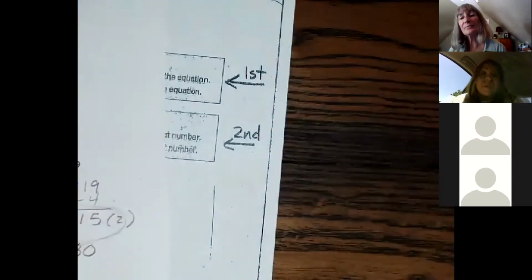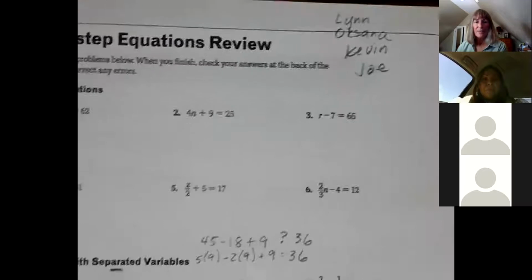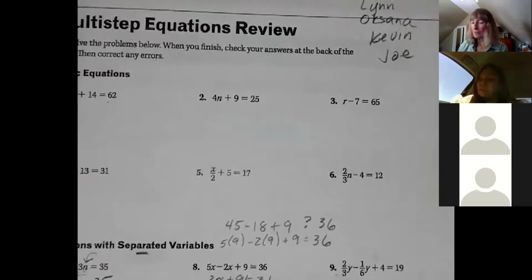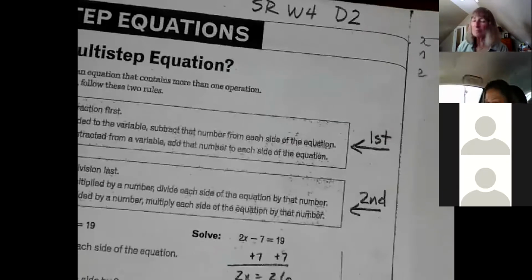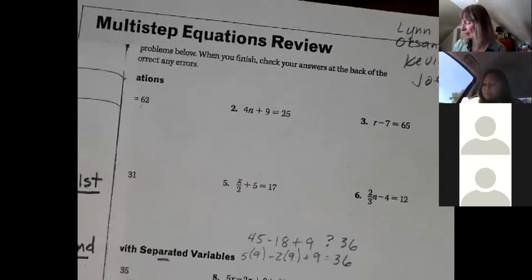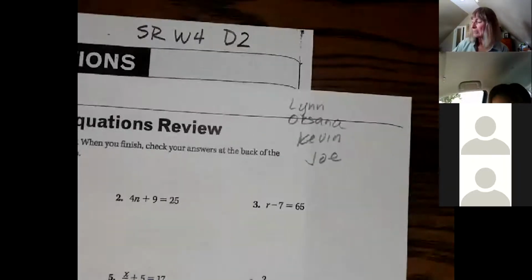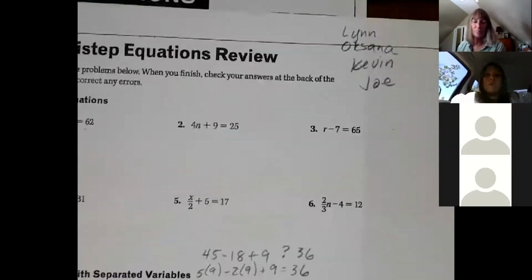Alright, so you already did the whole page already, Mary? What's that? Say again? You did the whole page already, this page? The whole multi-step equations review? Yeah, that's what we just finished. That's what I had to look forward to later, huh? Yeah, we did page 18 and 19, except I skipped over these as I was working them.